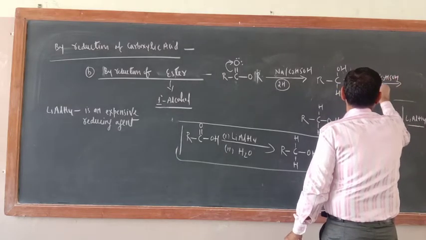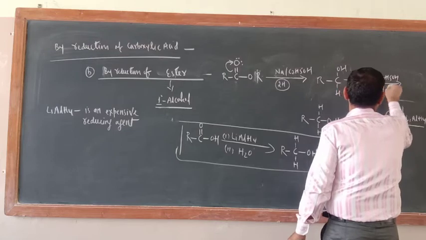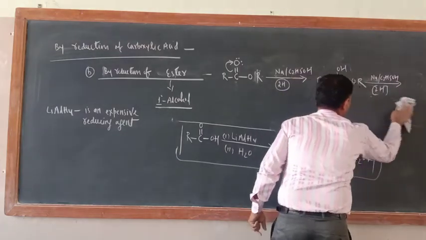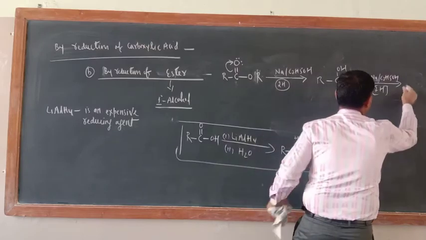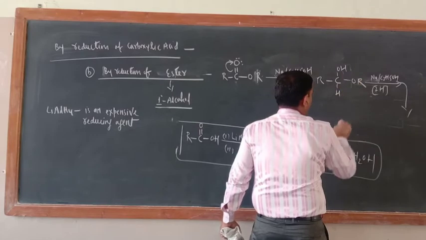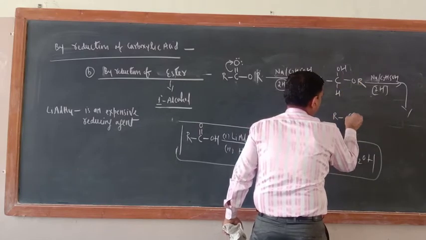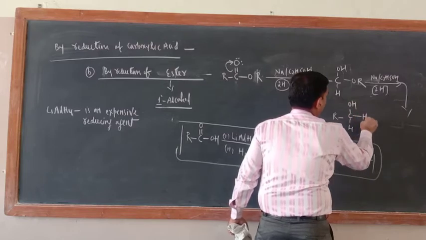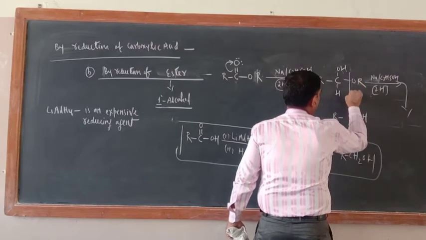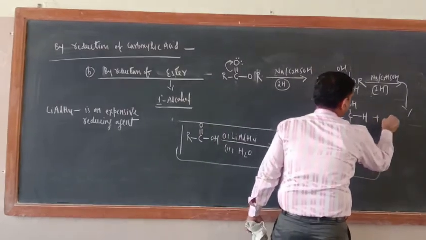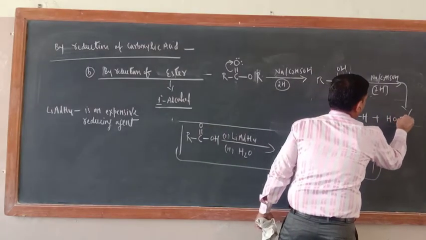Na/C2H5OH gives 2H only. So what would be the product? Here you will have two products. I am writing this side: 2 alcohol. 2H. One would be RCH, here OH, attach here one H. And another, give one H here, plus HOR.